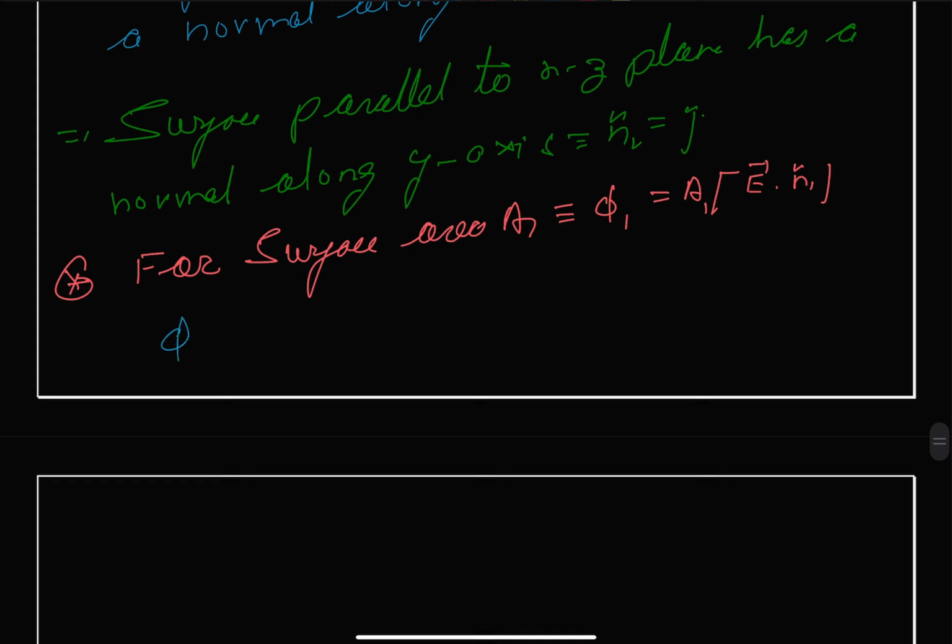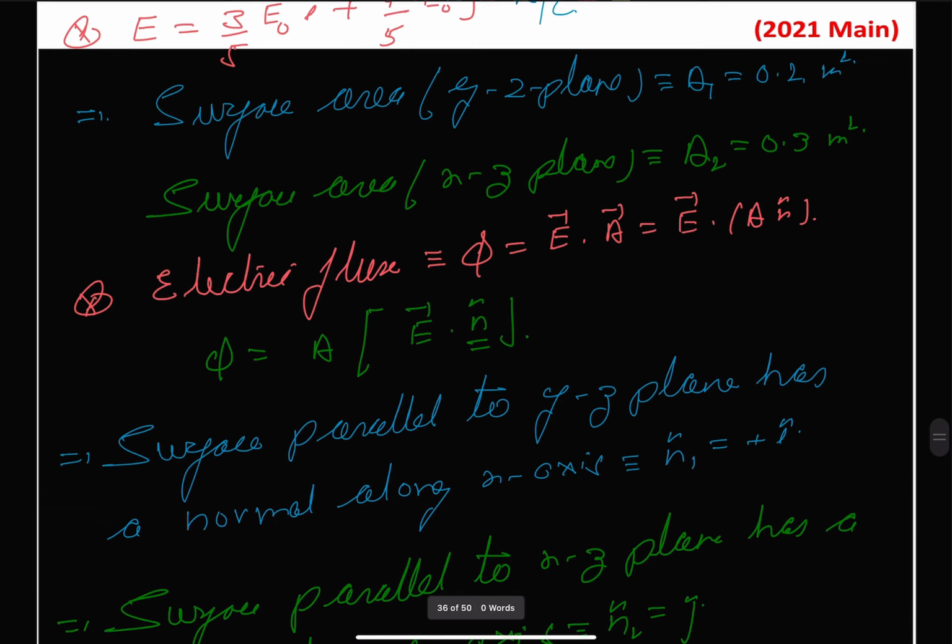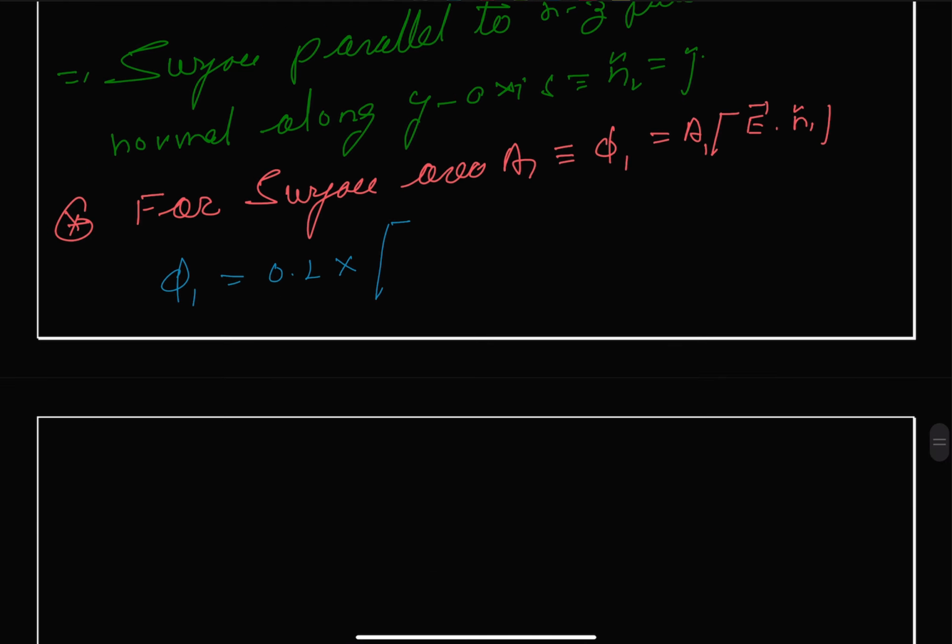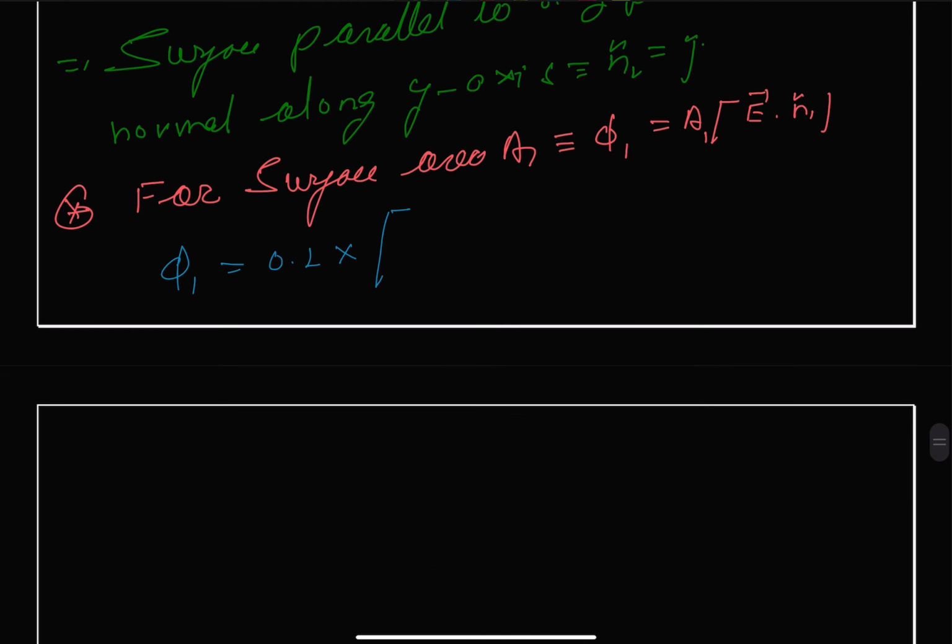The area is given to us as 0.2, and the electric field is 3/5 E0 i plus 4/5 E0 j, dotted with i.